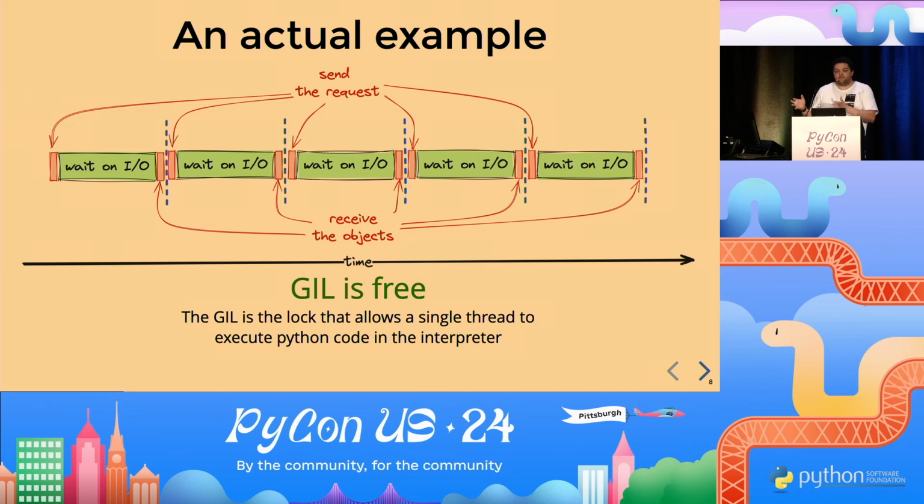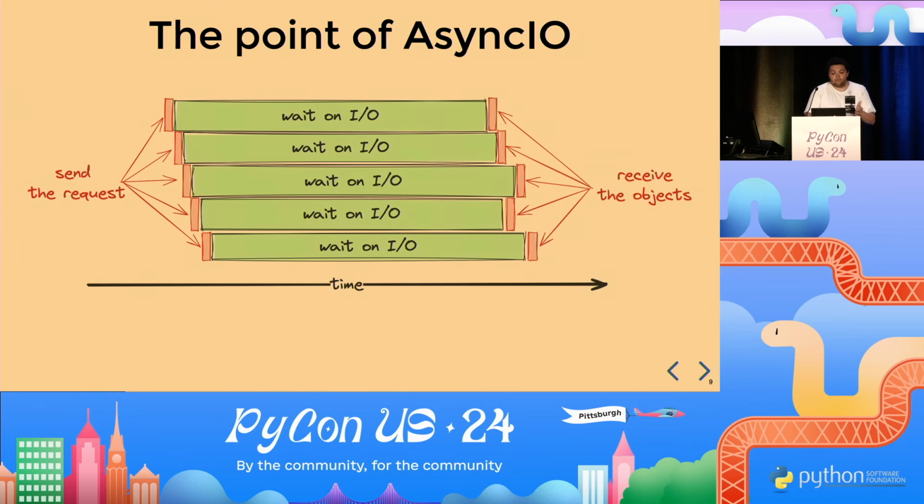And that's kind of the point of AsyncIO. While we are waiting on the I/O, we can do something else. For example, we could send all of our requests in a parallel way. Note that the red parts are CPU bound parts, which means that they cannot run in parallel, but the green parts, where we actually wait on the I/O, are executed in parallel.